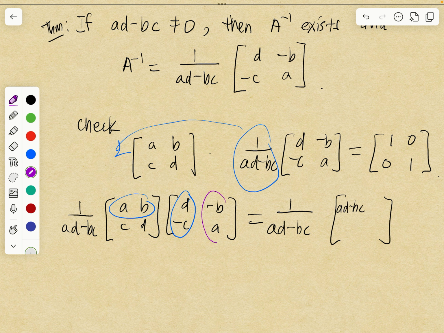If you take the first row and second column, you get A times negative B plus B times A, that's 0. If you take the second row and the first column and multiply them, you get CD minus DC, which is also 0. And if you take the second row and the second column and multiply them, you get also AD minus BC.